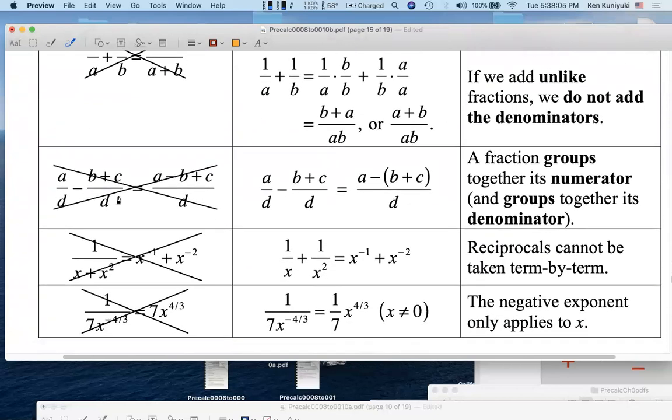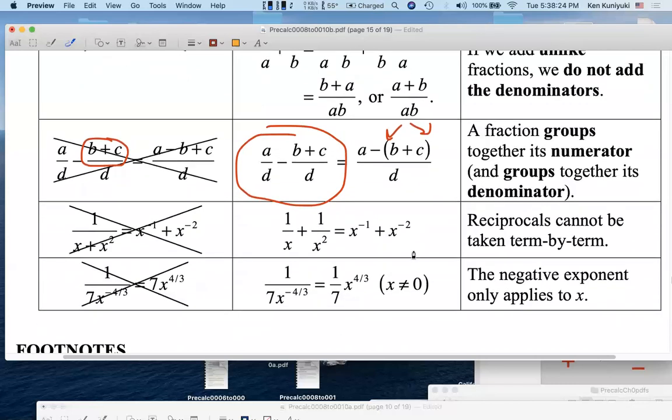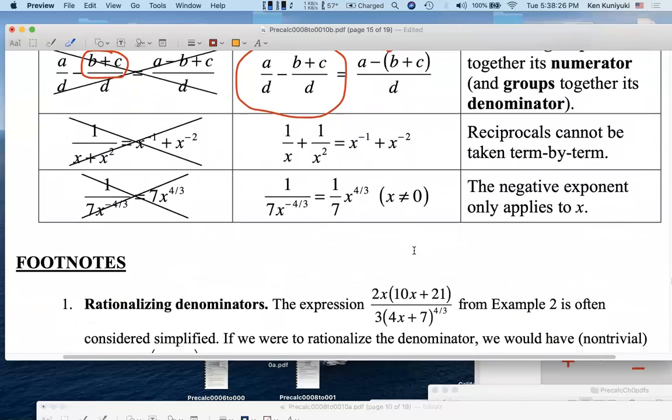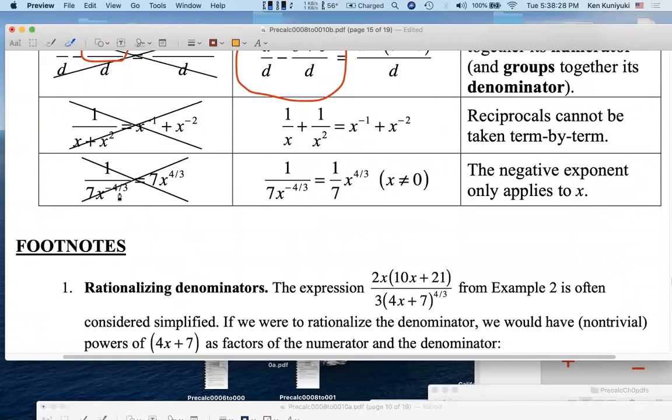Over here, remember, a fraction bar implicitly groups its top. So if you have something like this, when you subtract the fractions, don't forget the grouping symbols over here. Because when you subtract the numerators, you're subtracting the group b plus z. Over here, remember that the negative exponent does not apply to the 7.